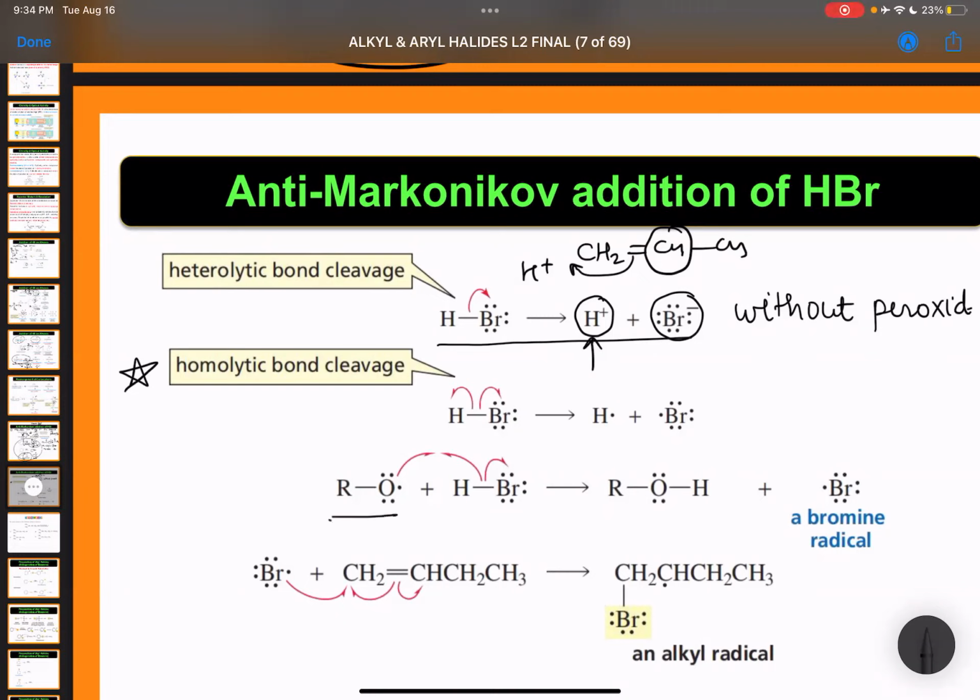Actually, just now I told you that peroxide has an OO bond, which is very weak, and it gets broken into O radical. Radical means a single unpaired electron.